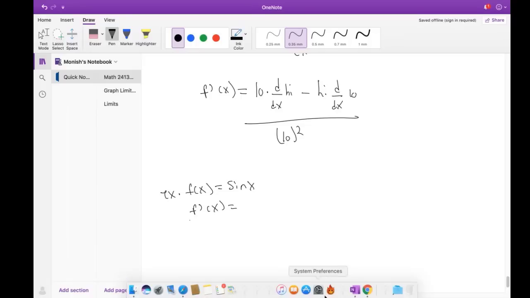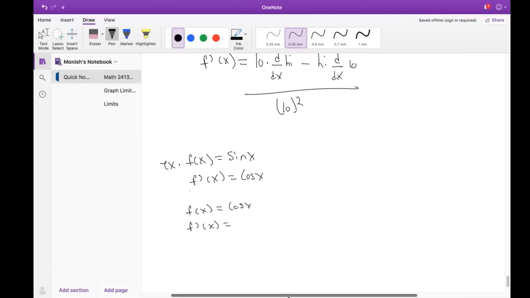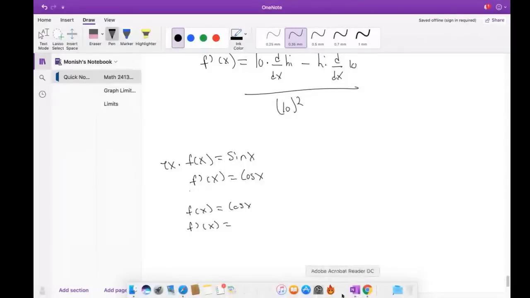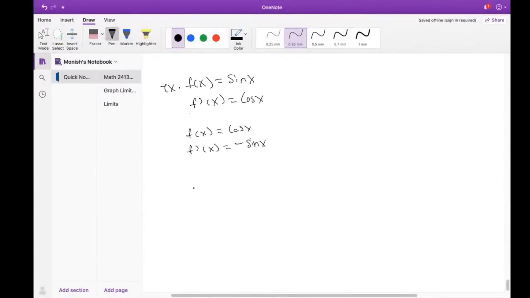Okay, so what's this one? Yeah. Negative sine x. Okay, those are the easy ones. And then what about secant?